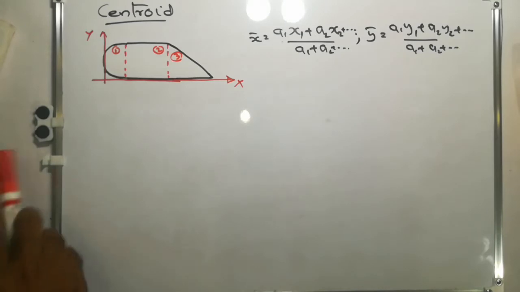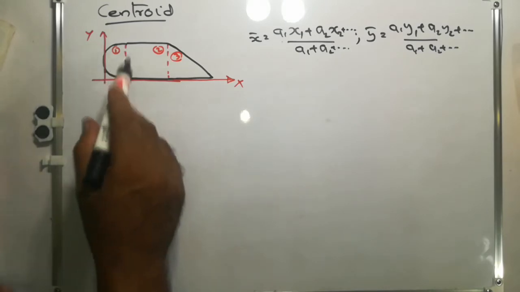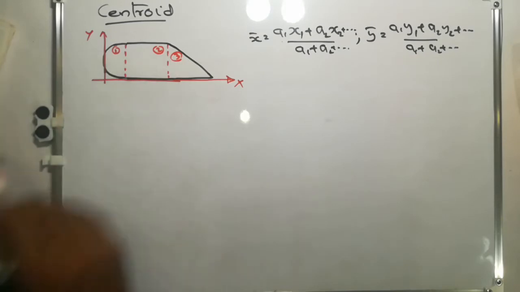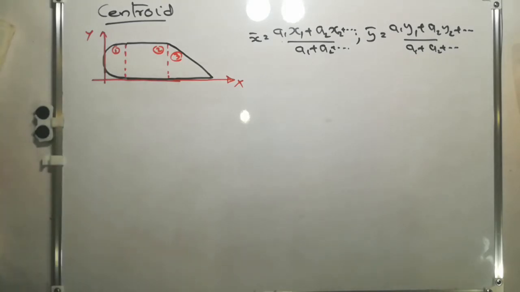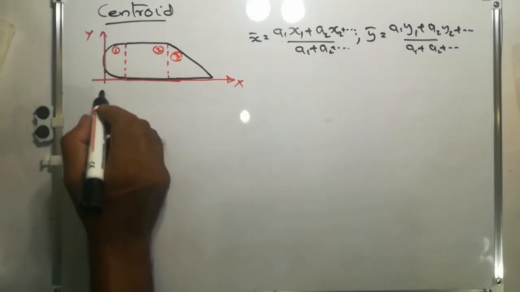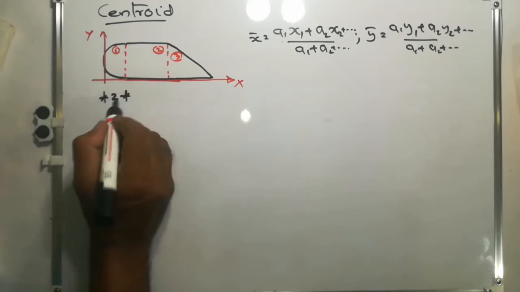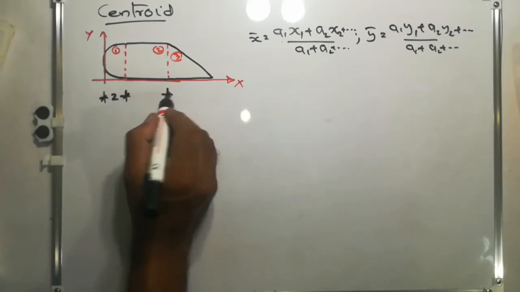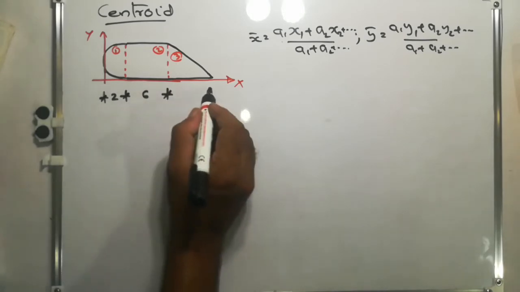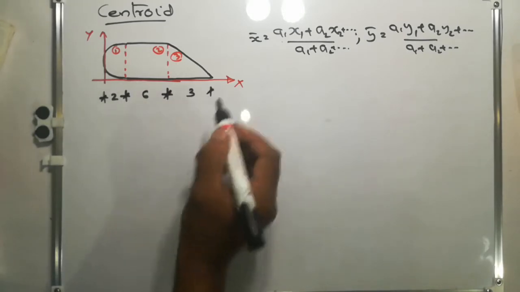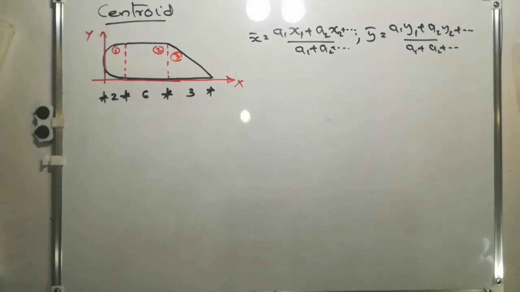First one is a semicircle, second one is a rectangle, third one is a right angle triangle. The dimensions given are 2 centimeters, 6 centimeters, and 3 centimeters.